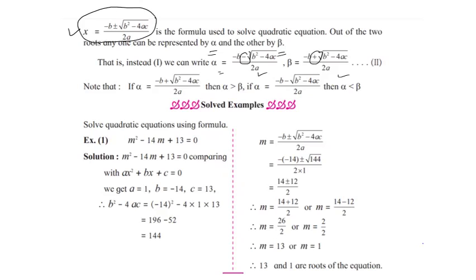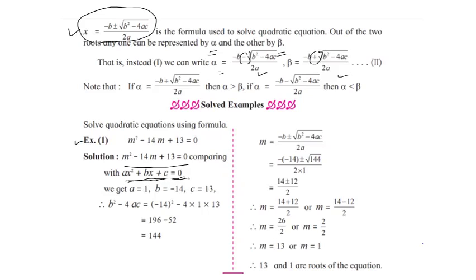Now before we start practice set 2.4, we will consider some solved examples. This is the first solved example of your textbook: m square minus 14m plus 13 equal to 0. First we have to compare this given equation with the standard form of a quadratic equation.